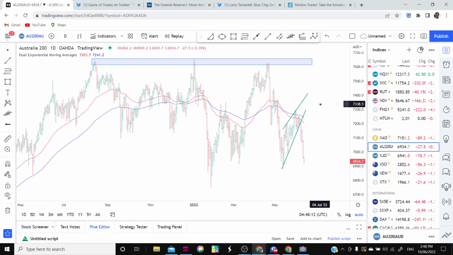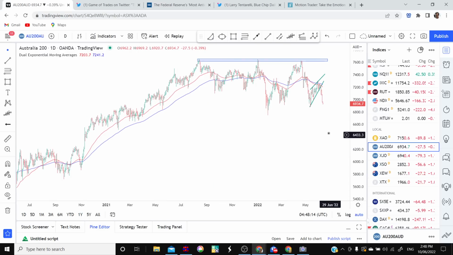And I think that, look, I've been saying for a while that the ASX 200 has been weathering the global equity storm fairly well through the last 6 months. It's been holding the line quite well. It was even testing all-time highs only a couple of months ago.